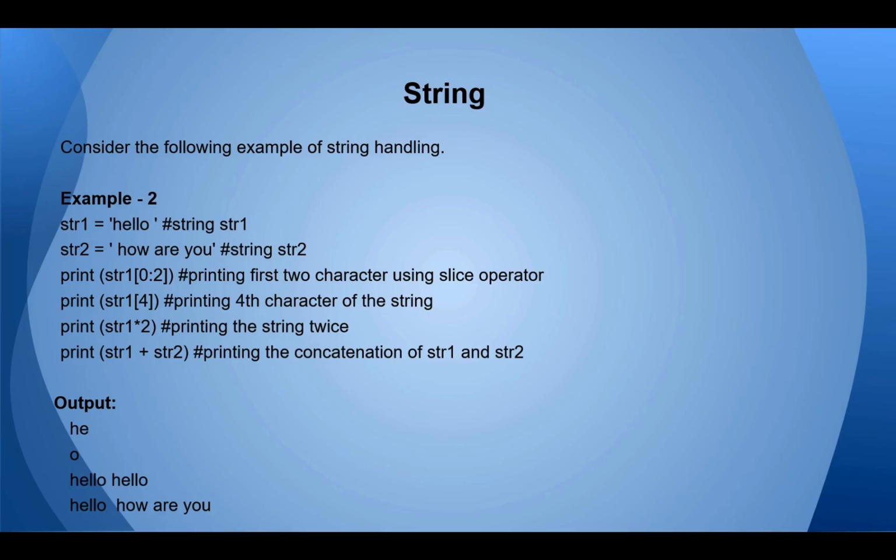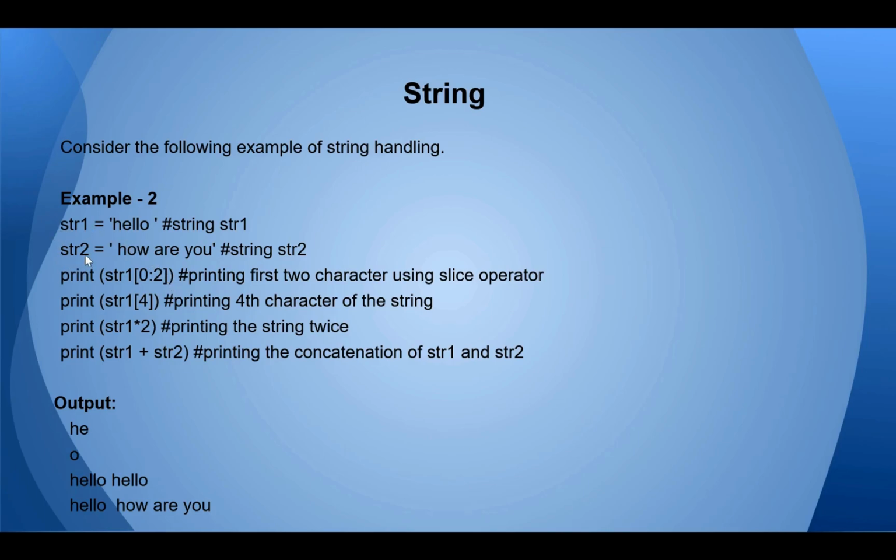You can see here there is one example in which I have one string variable, that is str1, and the value is hello. Because it is a string, it is enclosed in single quotes. You can use double quotes also.